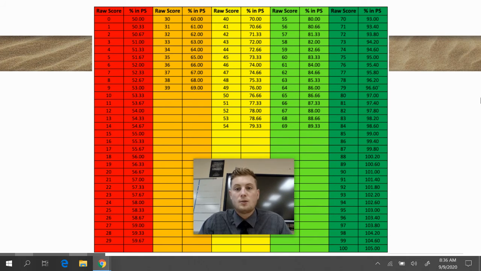So if you look here, the raw score is what the student would actually score on the test. If your student scores a 75% on the test, that's going to be a 95% in PowerSchool because a 75 would have gotten them that 5 on the AP exam. This is going to be a challenging class.